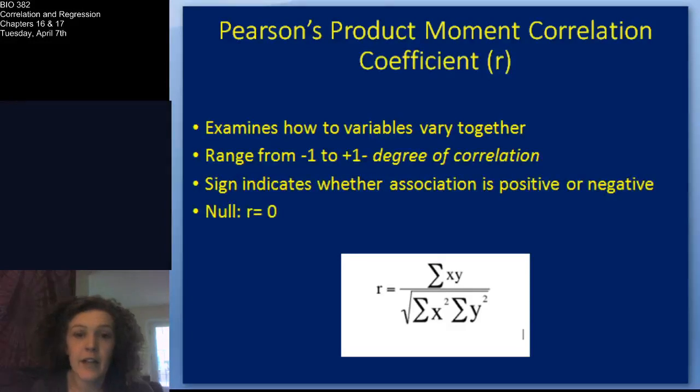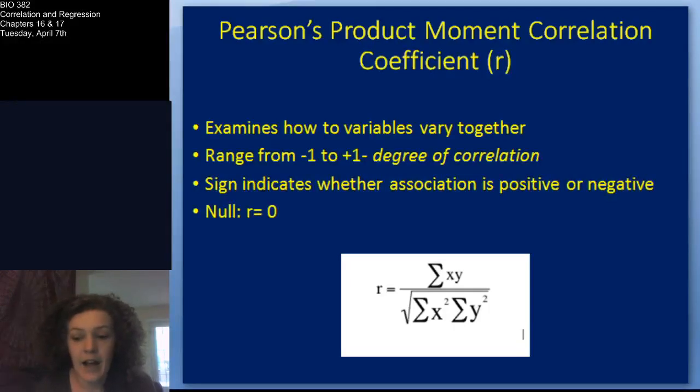So -1 means you have a negative association, whereas x increases, y decreases. If you have a close to +1, then as x increases, y also increases. It's a positive association, all right? So that's what that sign actually indicates. And the null hypothesis in a Pearson correlation is that your r value, your correlation coefficient, is 0. That is no correlation between the variables.